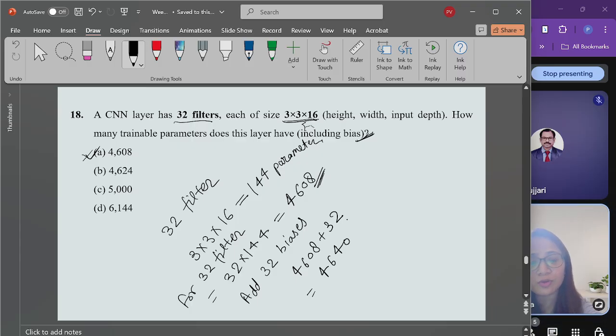So if we include the biases, that means each filter has at least one bias. So 32 biases must be added here, right? That's why no answer is matching.